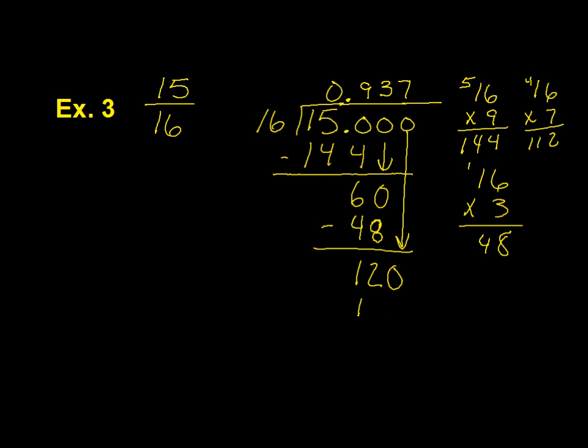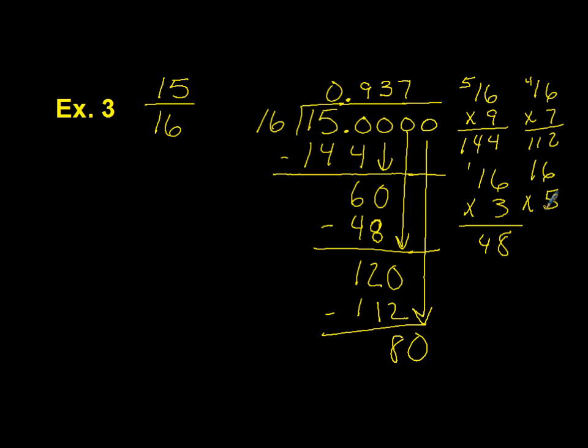Erase that one number. 112, subtract, 8, add on another 0, bring it all the way down. I think we're getting close to the end here. Try 5 this time, 16 times 5, and that looks like the magic number. 80, subtract 0. So our final answer is 0 and 9,375 ten thousandths.